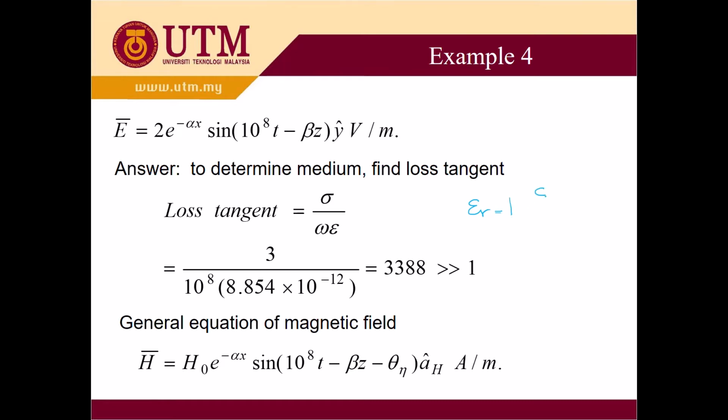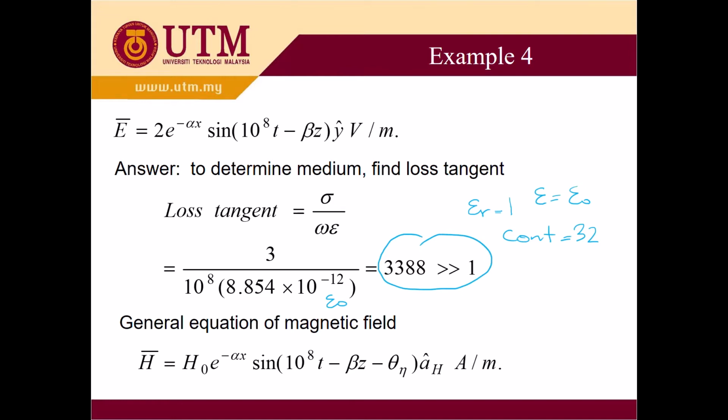In your calculator, this is basically constant 32. So the value is 8.854 multiplied by 10 to the power of minus 12. This is basically epsilon naught. So when you calculate, you get the loss tangent 3388, which is very big.